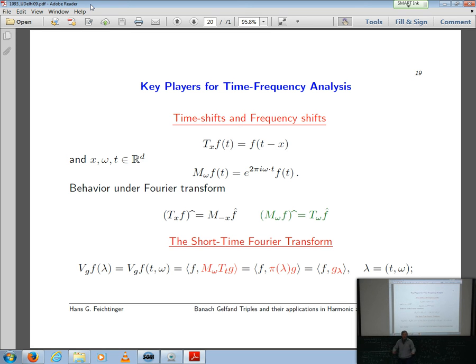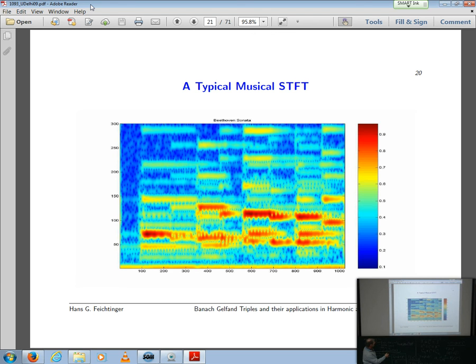So you think of a musical score: at this moment I play some chord, and at this moment I play another chord. If I ask what the reading is at this moment in time, sample number 600, I see that here and here and here and here are some strong components. If I take that cross section, it would be the frequency profile. It's also called a sliding window Fourier transform. So you cut out from the signal a window, and you analyze the part here.